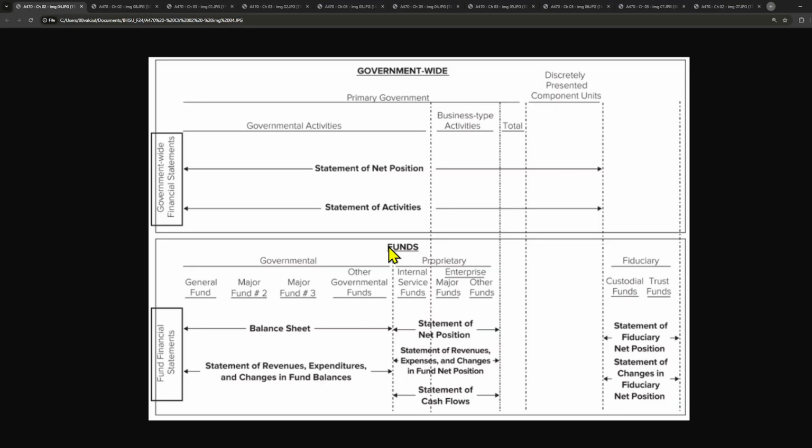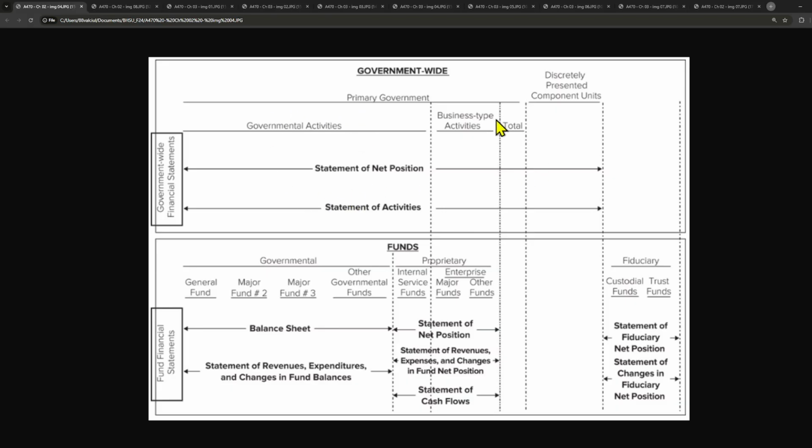Now, they're not completely the same; there are some things that are covered in one and not covered in the other. You can see discrete component units are covered under government-wide, but not under the fund accounting. And fiduciary is covered under the fund accounting, but not the government-wide. So there are some holes. They're not a complete coverage of all the information, but between the two, you cover all the information, and some of it is stated and some of it is duplicated but stated in different ways.